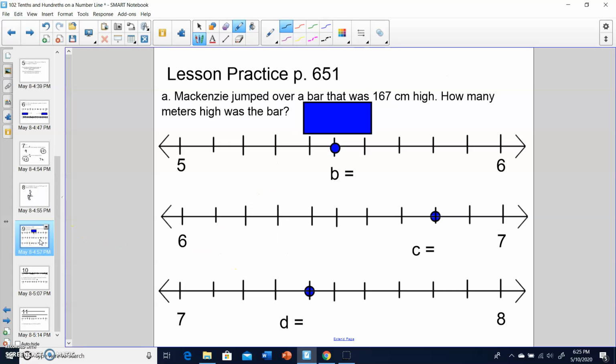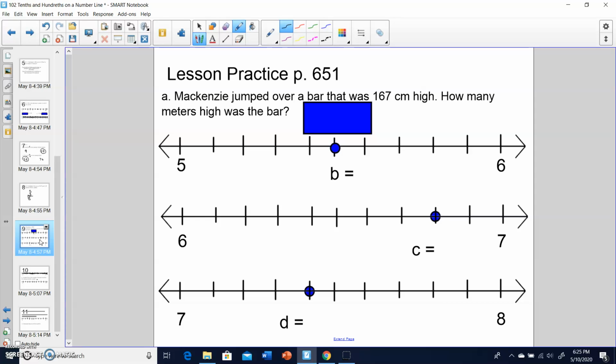Okay, we're on to lesson practice on page 651, and you can pause and answer as we go. Mackenzie jumped over a bar that was 160 centimeters high. How many meters high was the bar? So remember, she jumped 167 centimeters. So if I have a meter stick, there's 100 centimeters on that meter stick.